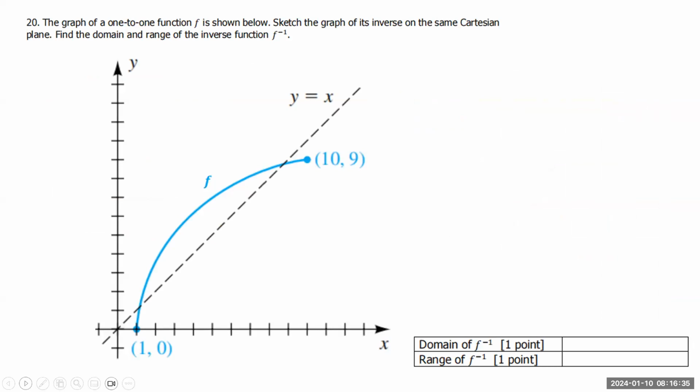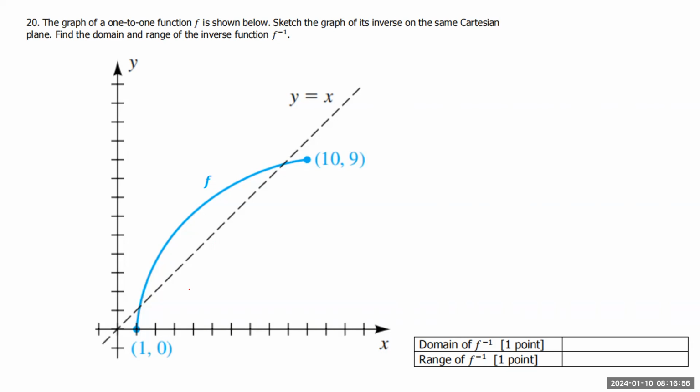Last item, the graph of a one-to-one function f is shown below. This is the blue graph. Sketch the graph of its inverse on the same Cartesian plane and find the domain and range of f inverse. So let's graph f inverse first to find the domain and range. How do we do that?